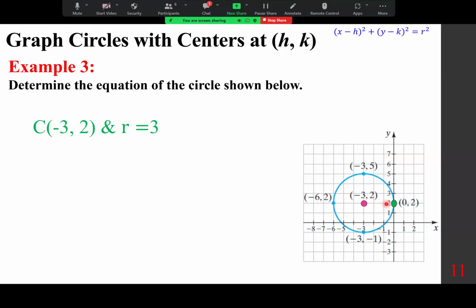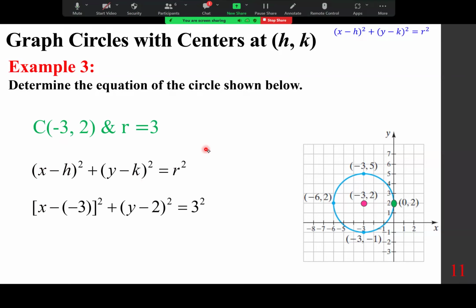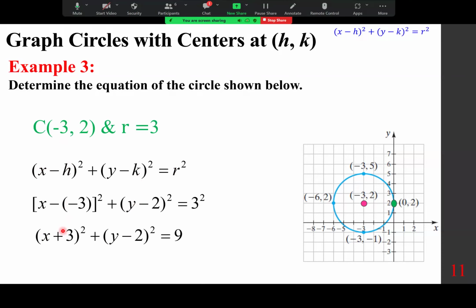So what happens? x minus h quantity squared plus y minus k quantity squared. So x minus negative 3, which makes it plus 3, and y minus 2, and 3 squared. This becomes x plus 3 squared. This becomes y minus 2 squared, and this becomes 9. And this is the standard form.